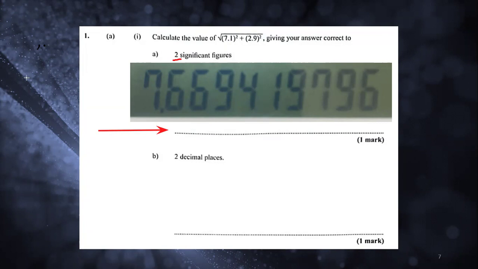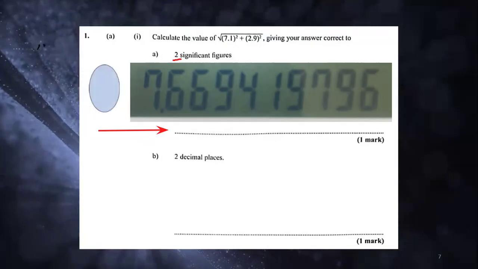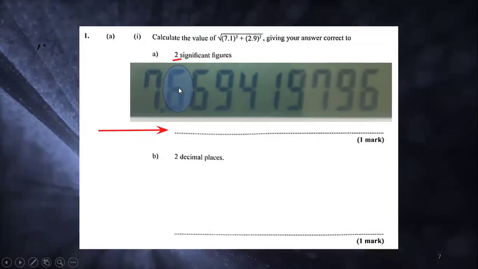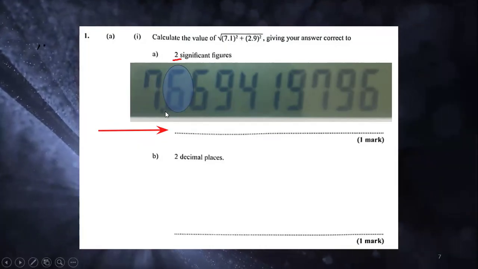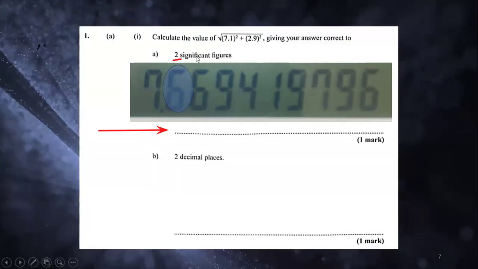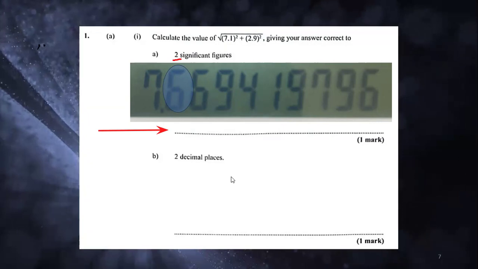So this is going to be one significant figure, two significant figures. So at that point, what you do is you count from the left up to the second significant figure. All right. So it's going to be the 6 right here. Now, the 6 is after the decimal point, but that's not what we're focusing on for significant figures. We're simply counting the non-zero digits.